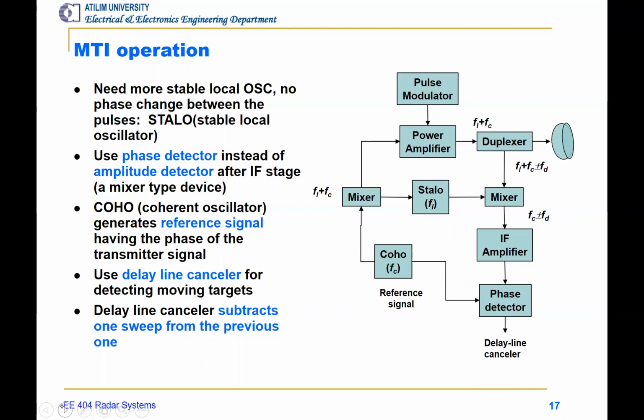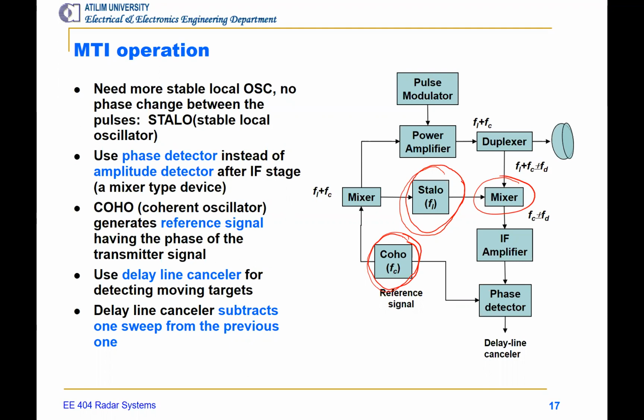For this purpose, there are two different synthesizers, so two different generators in here. One is a stable oscillator, and there is a coherent oscillator. The stable oscillator is used for the received signal, the first mixer in here. And the coherent or reference generator is very critical. It has very good stability in phase.